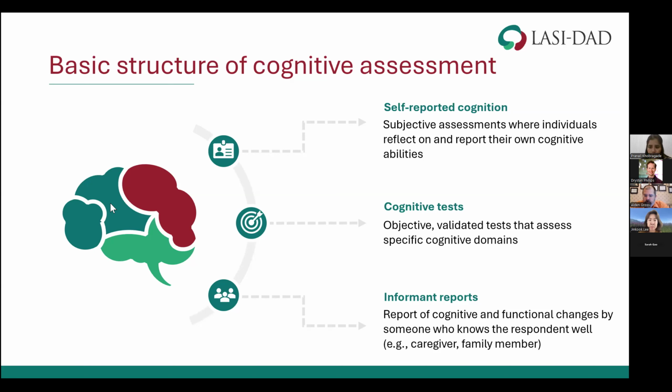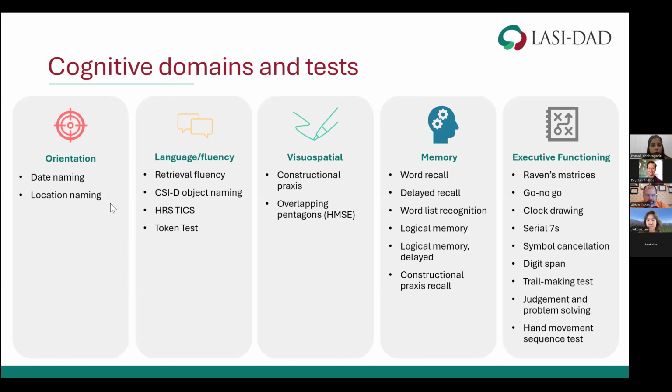Then we have informant reports, where someone who is known to the respondent is asked to describe any observed cognitive or functional changes that they see. With this, let's begin the detailed cognitive domains and the tests that we used in the LASI-DAD study.